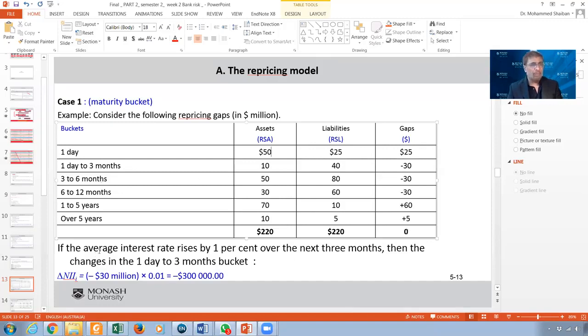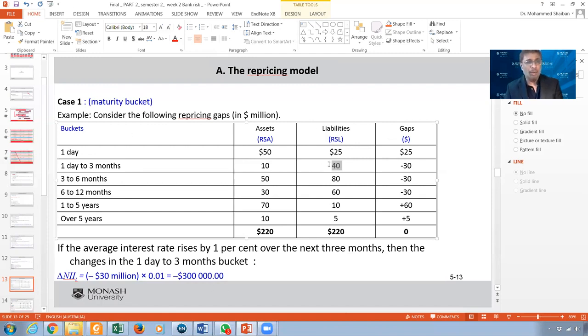Okay. Now, if the average interest rate rises by 1% over the next 3 months, I'm talking about this horizon, what would happen to me in this horizon is my assets are less than my liabilities. This will mature in 3 months. This will mature in 3 months, which means I have to look at these risk sensitive liabilities, 40 million or 40,000 or whatever, that will go out of my liabilities.